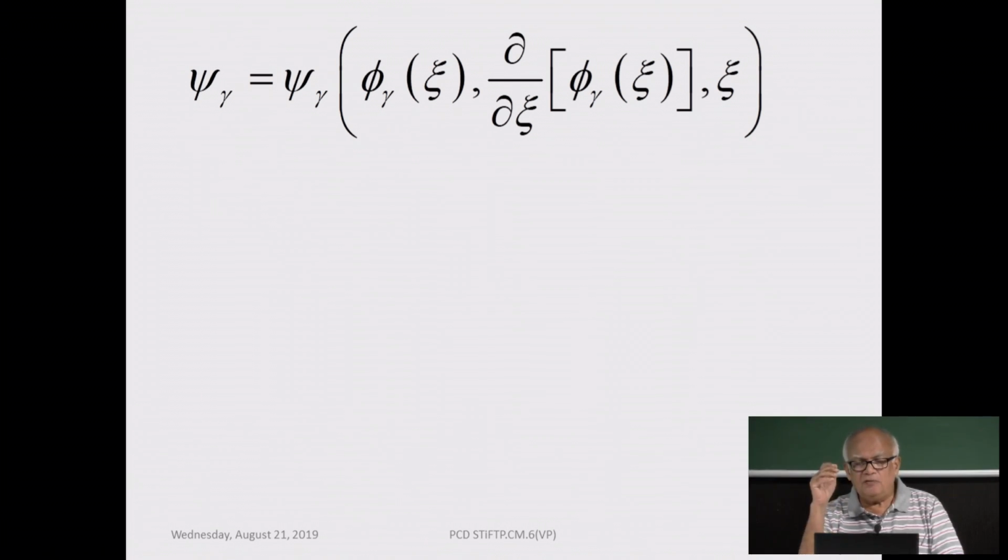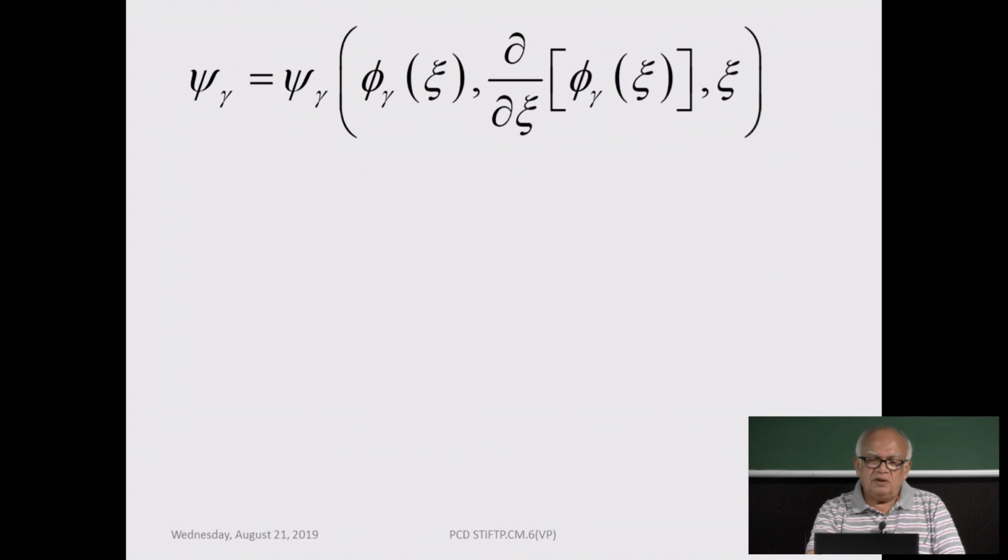This formulation is applicable to some function or functional which depends on some variable xi, which is an independent variable, but it may also depend on another function of xi. So, it may depend explicitly on xi, like a grandpa being happy or sad depending on how his grandchild does, and that determines the grandpa's happiness.